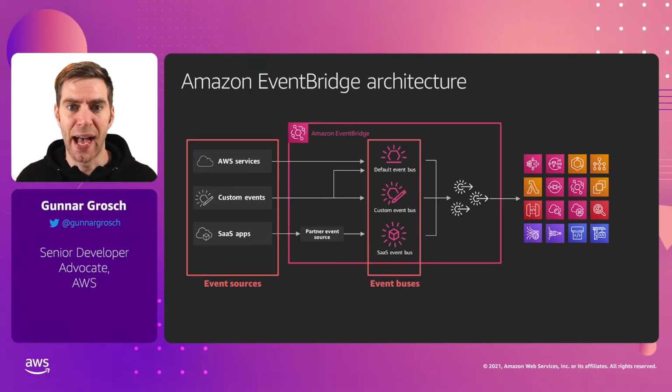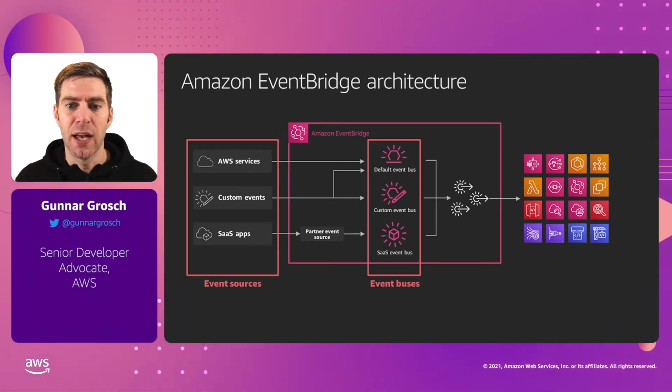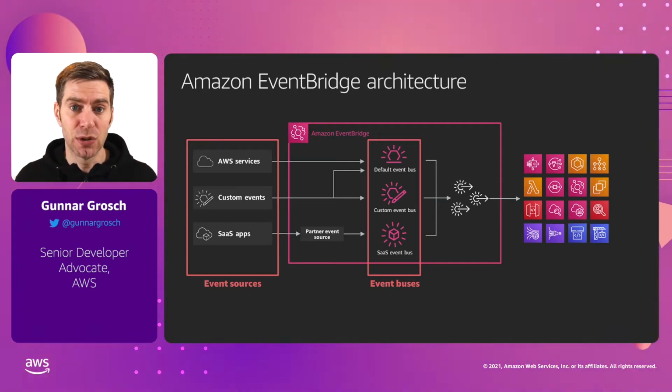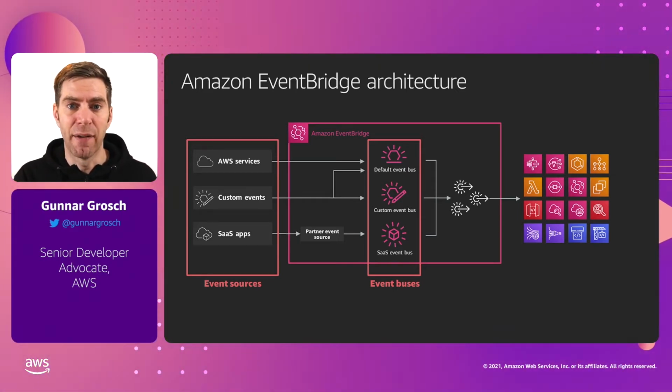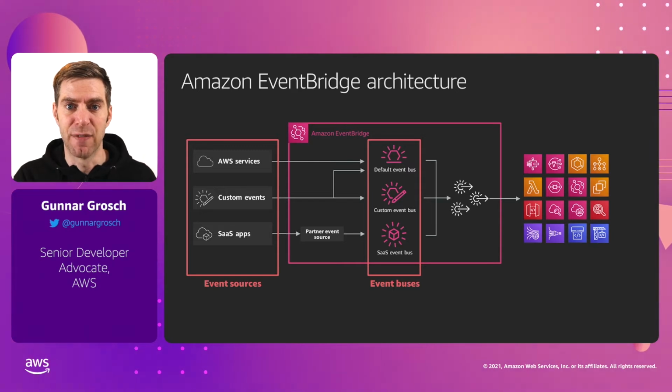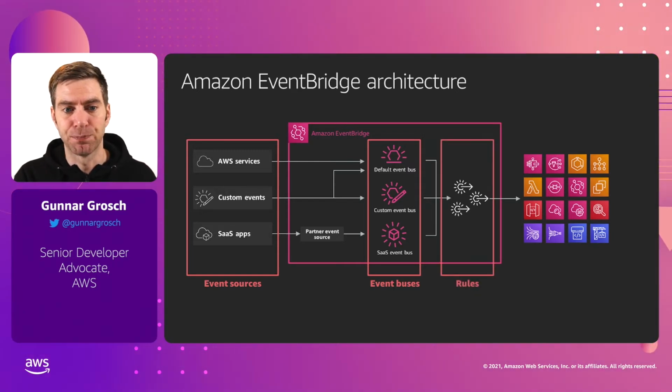Your account has a default event bus, which receives events from AWS services. Then you can also create your own custom event buses that you use with your custom applications. And you also have the opportunity to use a partner event bus to receive these events from SaaS partners.